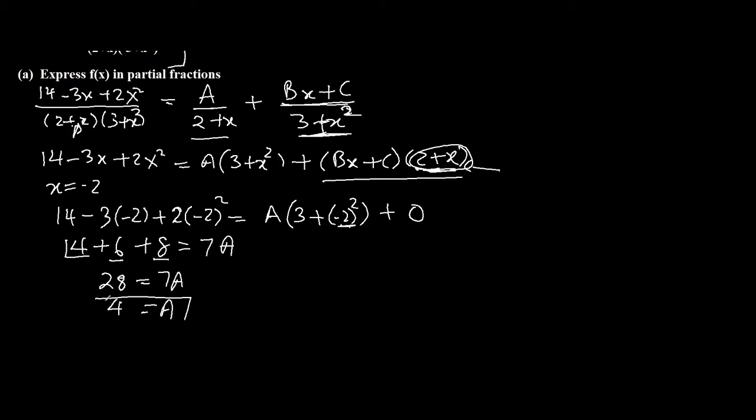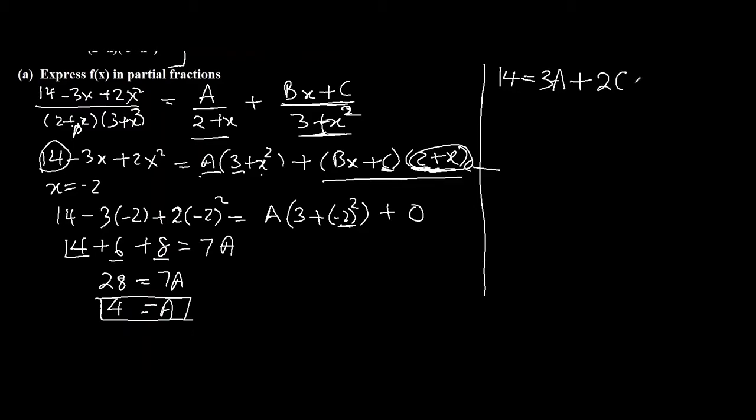We got our A. Let's try to find something else by comparing just the constants. So 14 is the constant on this side. And what constant will you get here? 3A, yes? Because 3x squared cannot give you a constant. So 3A is the only one. And here, in this one, C and 2, when they multiply, they will give us a constant.